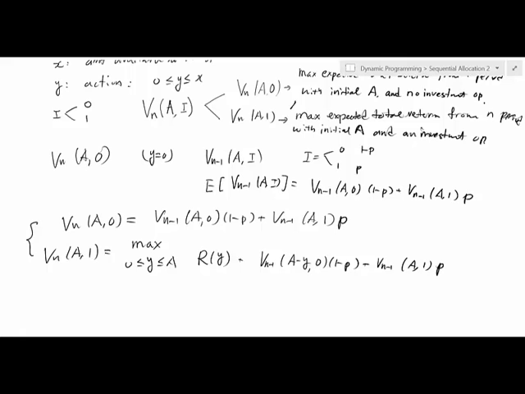All right, I think that's all for the sequential allocation model, how to set up the Bellman equation. If we want to find V1, V2 explicitly, if say R of y is explicitly given, we can do that just as we did before. So we're going to stop here.